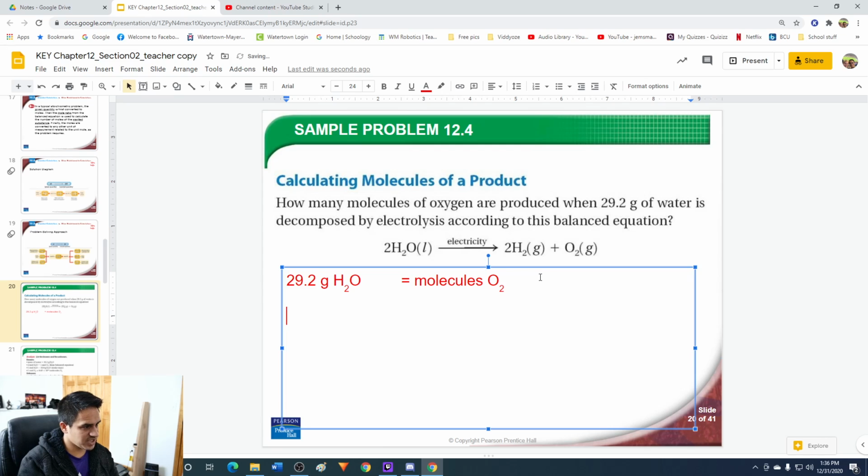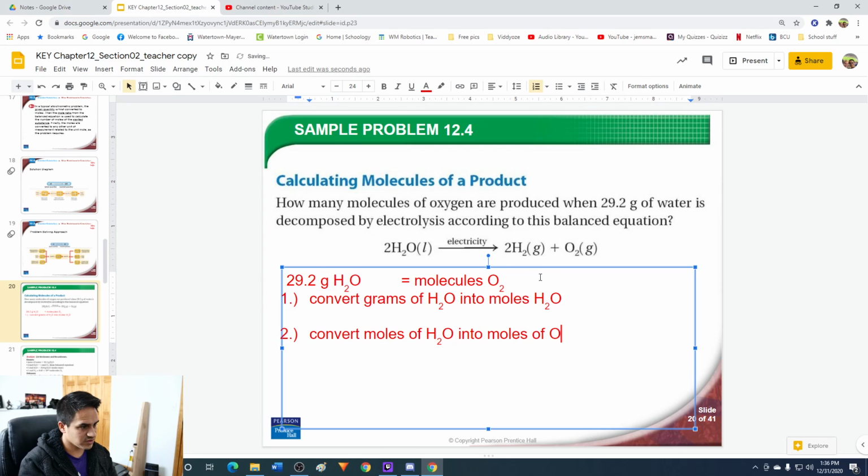So again, we'll set up the same steps. Step 1, convert grams of H2O into moles of H2O. Step 1 is always convert into moles. If you're not in moles already, convert into moles. Step 2, convert moles of H2O into moles of O2, because you need to get into oxygen units of some kind eventually.